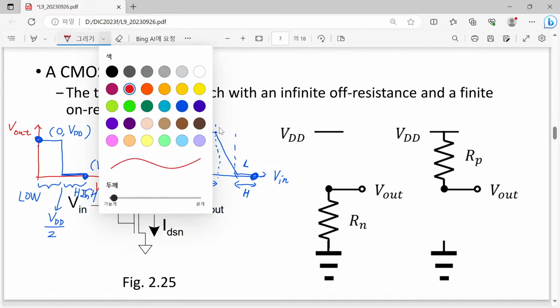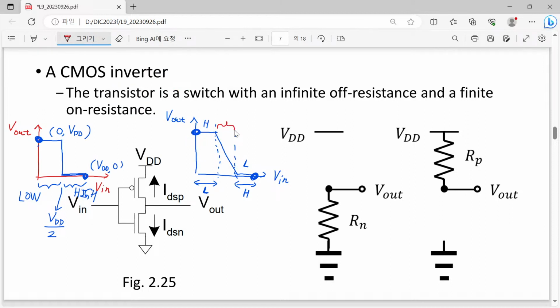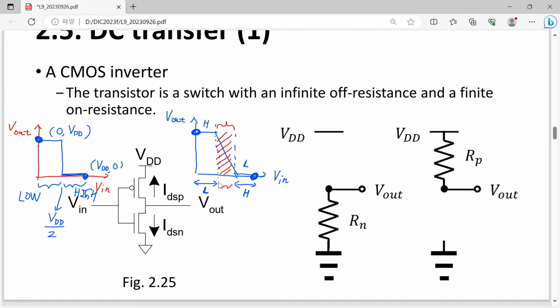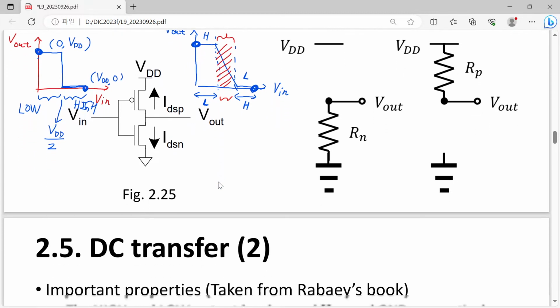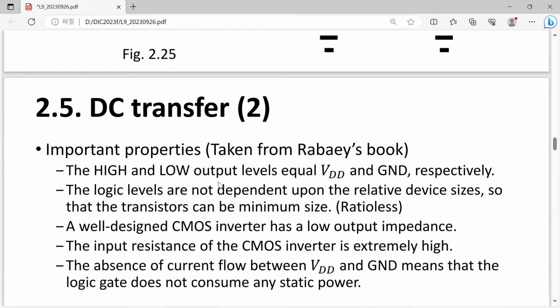However, in between, in this case, we have some gray region, which is not completely low and not completely high. So it is difficult to say what it is. Is this low or high? It is a little difficult. So we will talk about this one in this lecture.